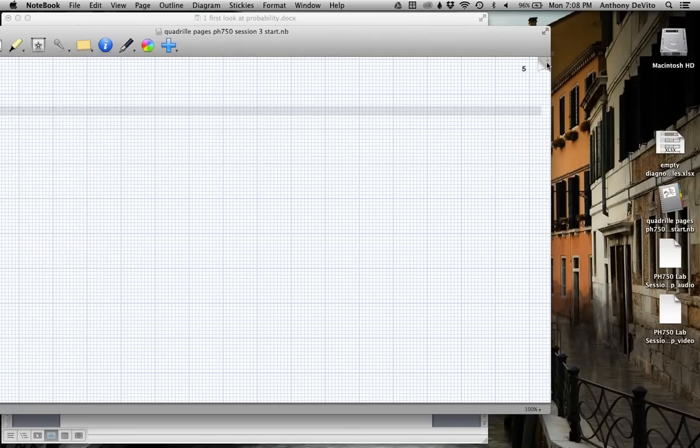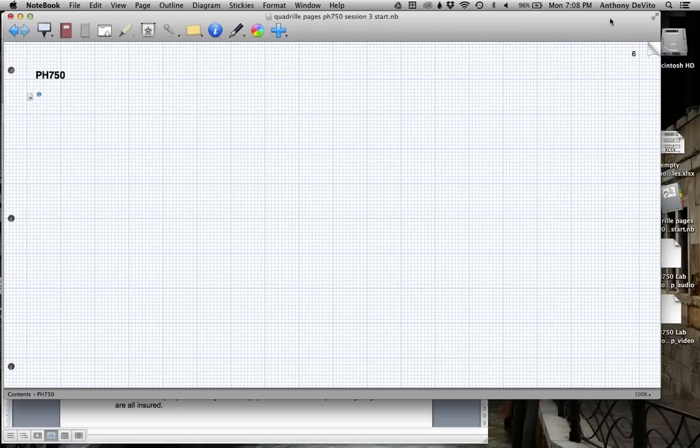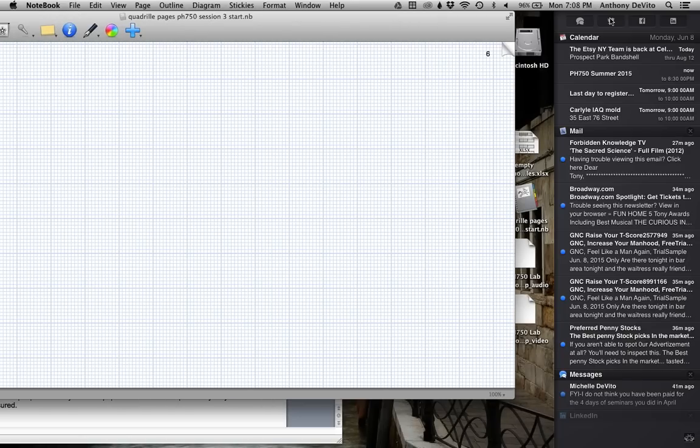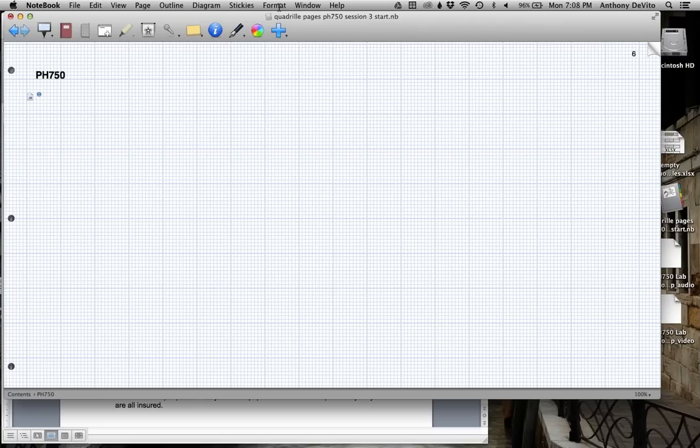I'm going to skip past this stuff a little bit so I get a nice blank page. Okay, and I presume you can see that chart behind me. Good. I'm going to get this out of the way. Don't use this.